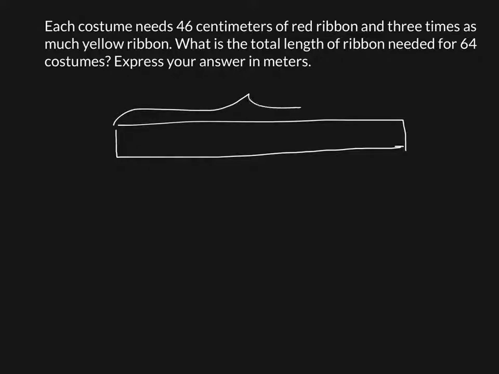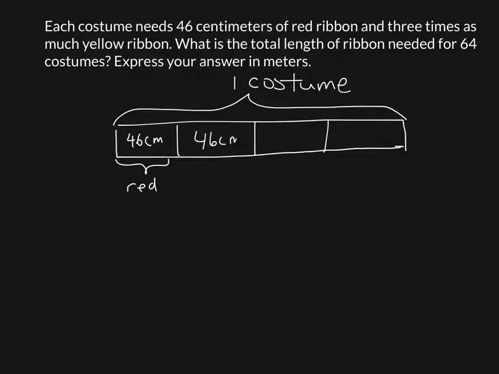Well, I want to know the total for each costume, the total for one costume. And I know that I need 46 centimeters of red ribbon and 3 times as much yellow ribbon, which actually means, so here's the 46 cm for the red ribbon, and then I need 3 times as much, so another 3 blocks of 46 centimeters of yellow ribbon.